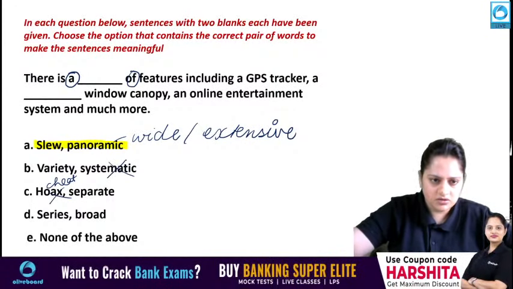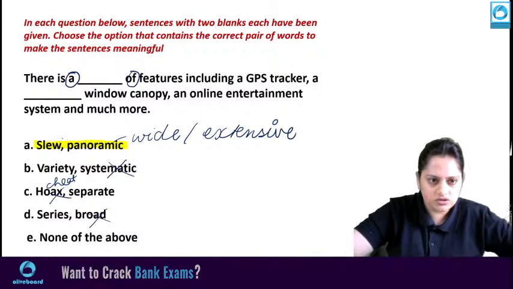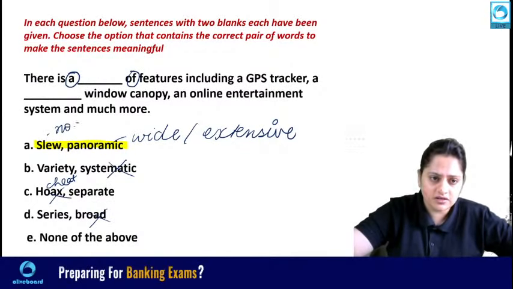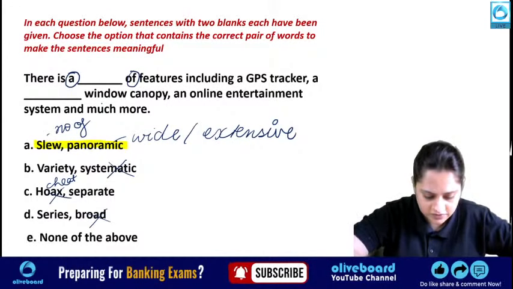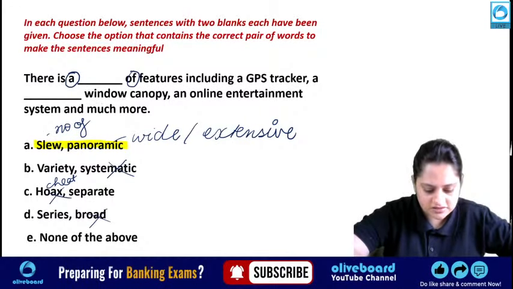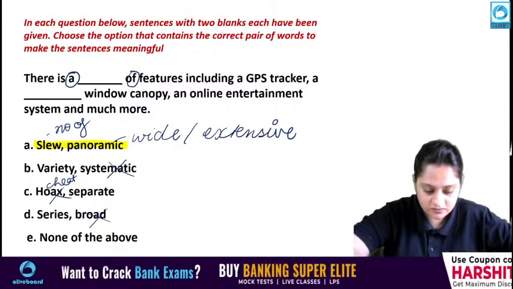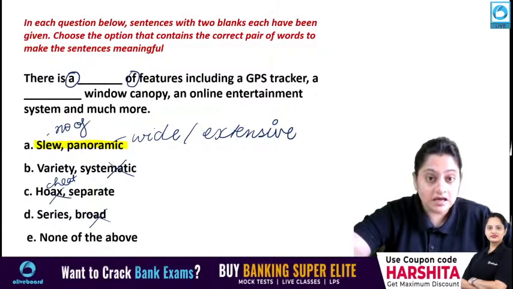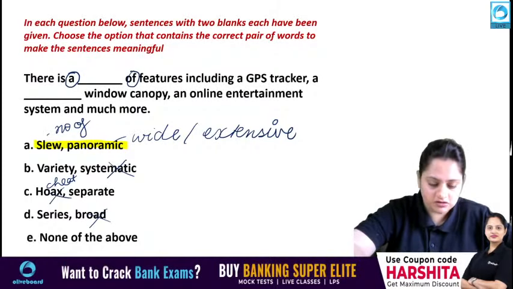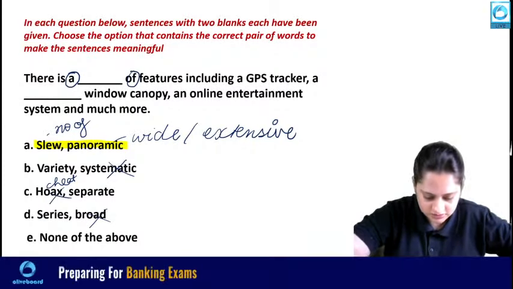There is no system or broad. Slew of measures means a large number of, a variety of. Whenever we talk about panoramic view, it is extensive, covering a large area. So that kind of canopy was there. We are talking about the features here.